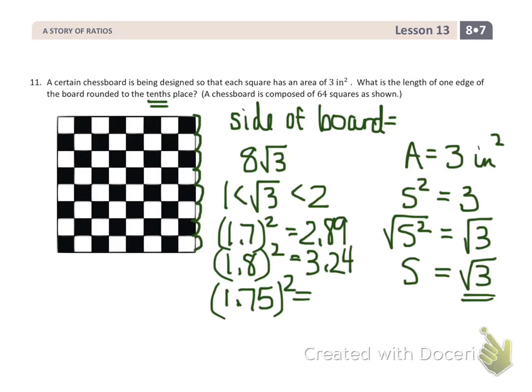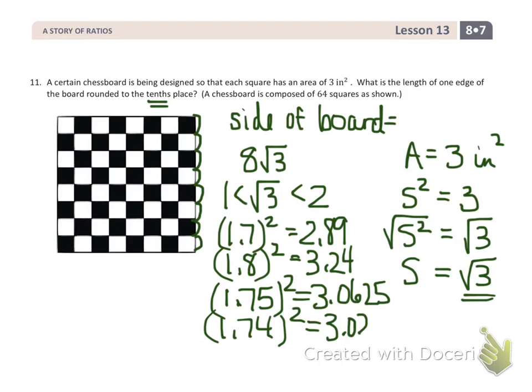Square that and we'll get 3.0625. And so 1.74, looks like we're narrowing it in here using rational approximation. Okay, still too big.